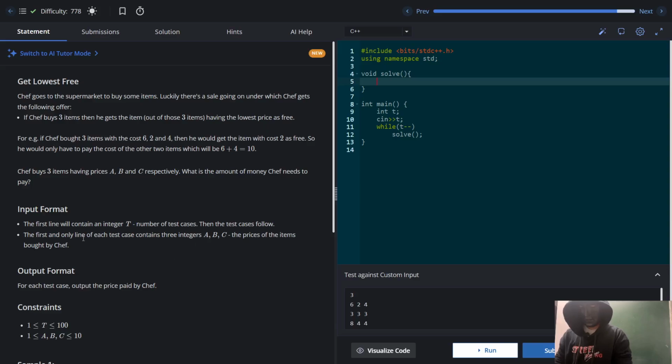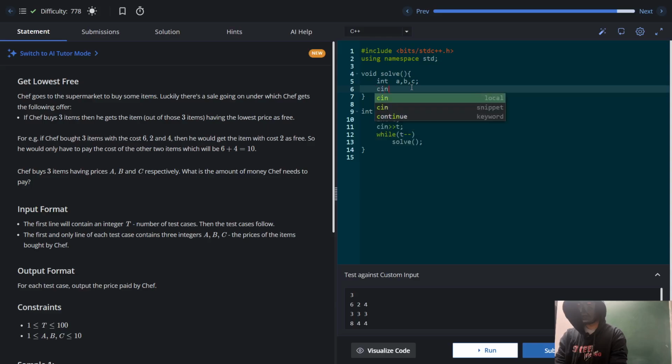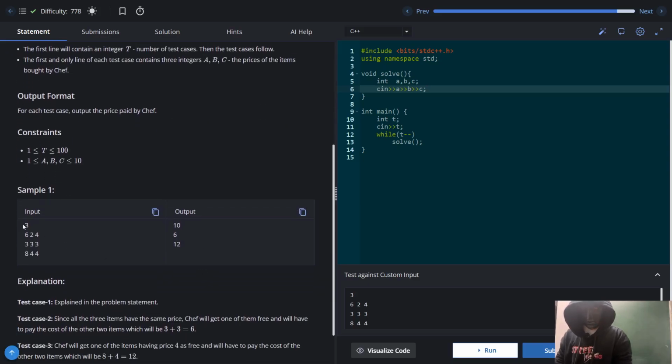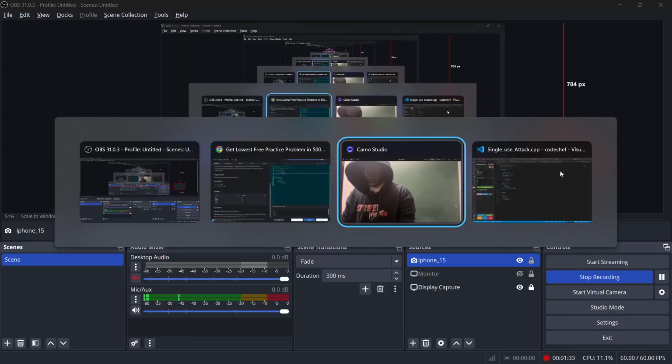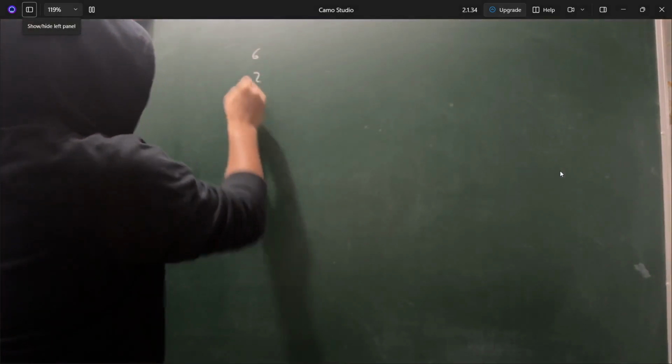And for every test case, we have 3 integers, a, b, and c, which are basically the prices of the items. So let's understand. They have given 3 examples, and the first one is 6 2 4.